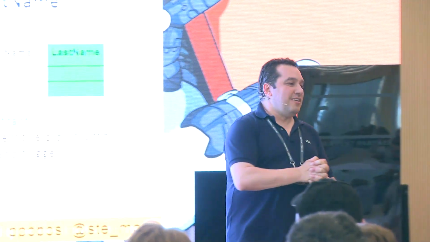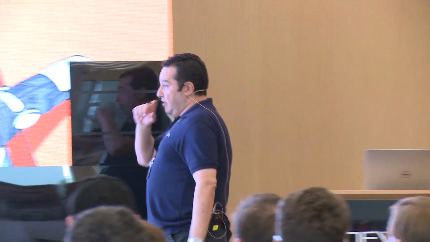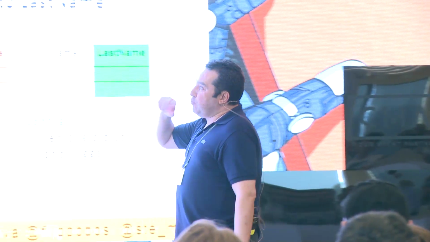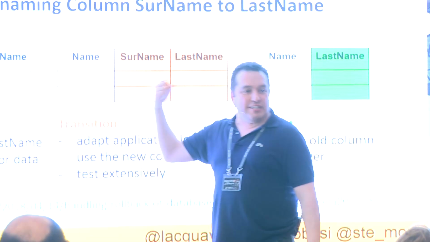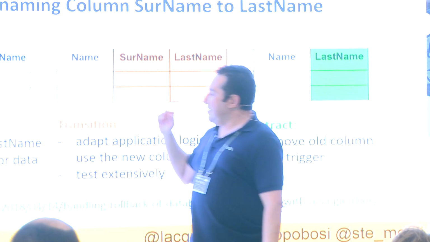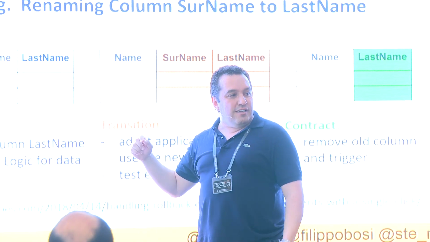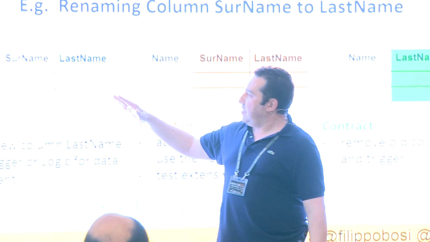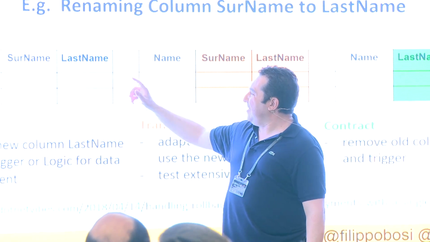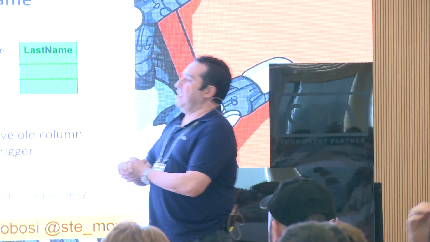If you rename a column, your application will stop working because if you keep the last version, it will access a column that no longer exists. So how do you apply expand and contract to rename a column in order to have a zero downtime application of this kind of modification to the database?